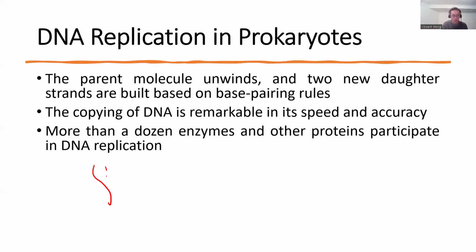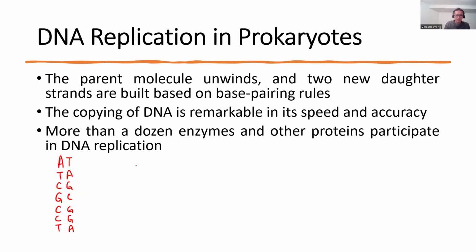We start with the original DNA strand like this. Actually, I can make it more visually clear. It's up to you if you want to copy this or not. This is the original DNA. We call this the parent strand, the parent molecule, parent DNA.